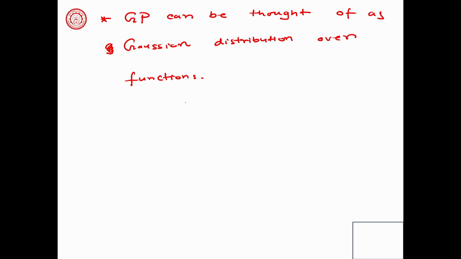So, if I have to draw not a Gaussian process but a random process, you can think of something like this. Okay. I have 3 dimensions. What are the 3 dimensions? Let us say this is my x, y, z. So, what is x here? Obviously, it is not the x. So, what is in the x direction?